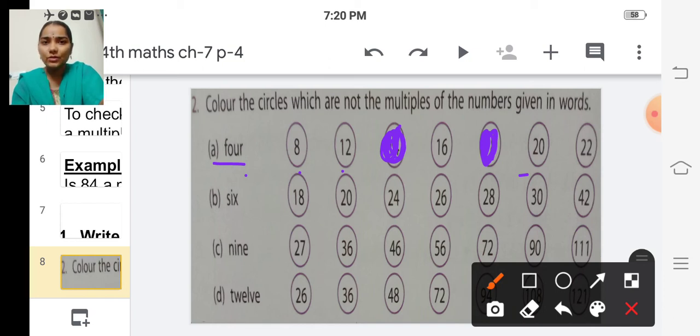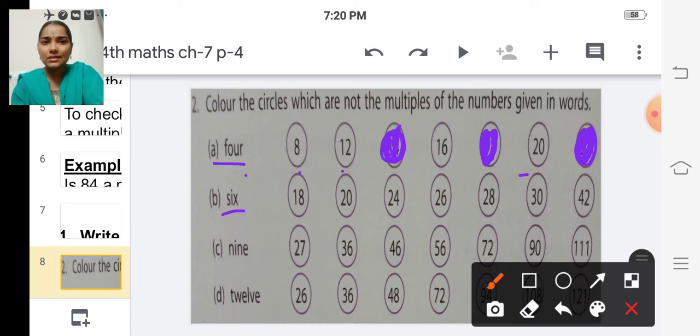So 22 is not a multiple of 4. So you have to color this 22. Yes, is it clear children? So we are going to color the circles which are not multiples of the given number. Okay.